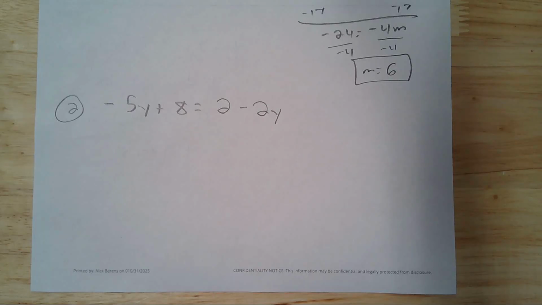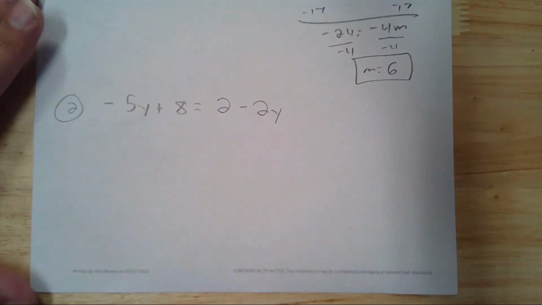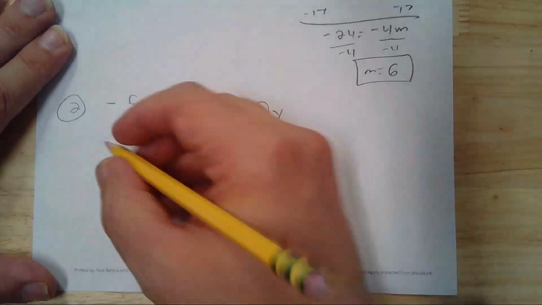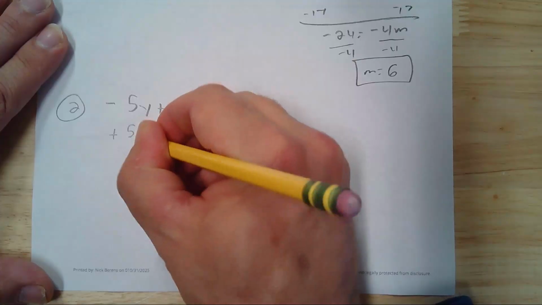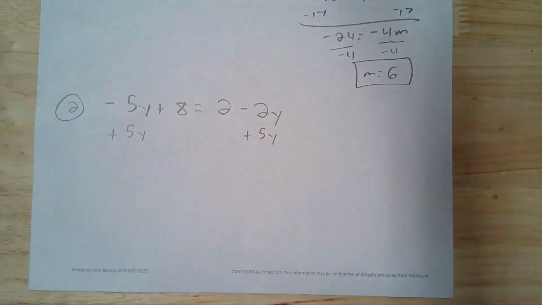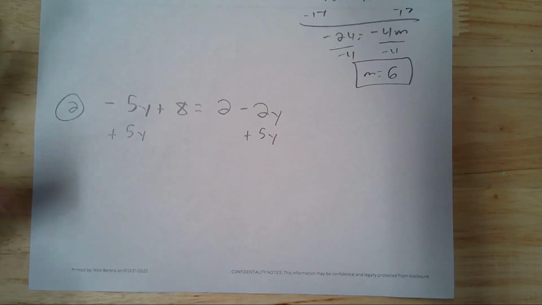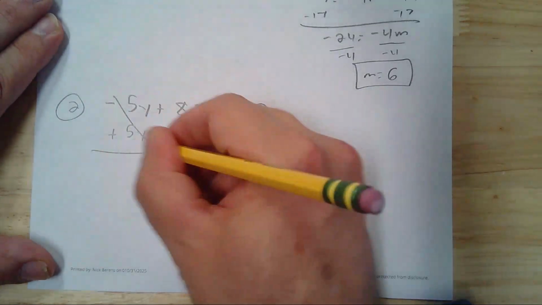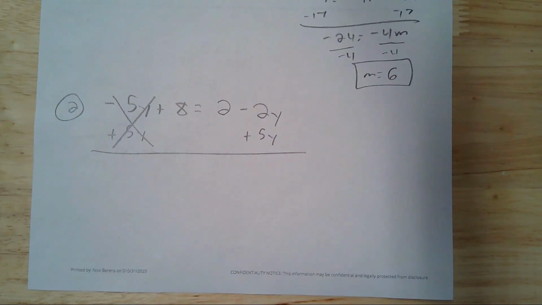I'm going to choose to add a 5y to both sides, or I could add a 2y to both sides. But adding 5y removes the y from that side.